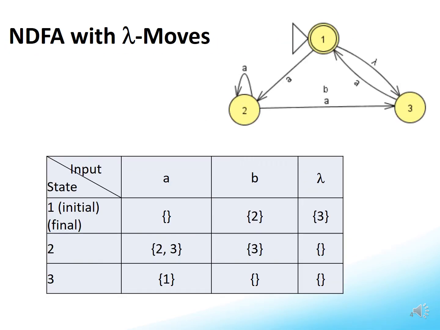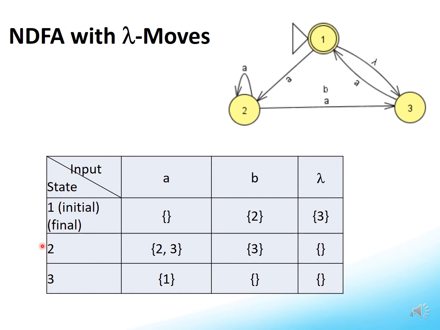Let's consider another non-deterministic finite automaton. This machine has multiple moves. In state 2, seeing a symbol A, it can move to state 2 or 3. So it's a non-deterministic machine. In addition, it has a lambda move.